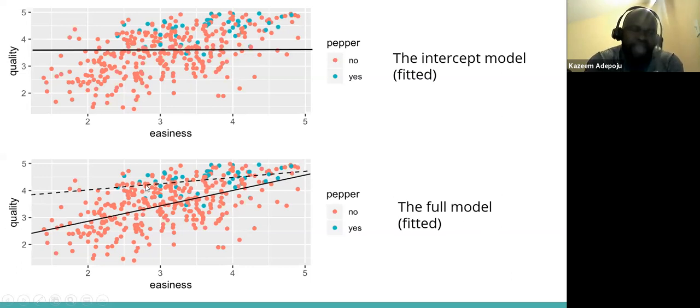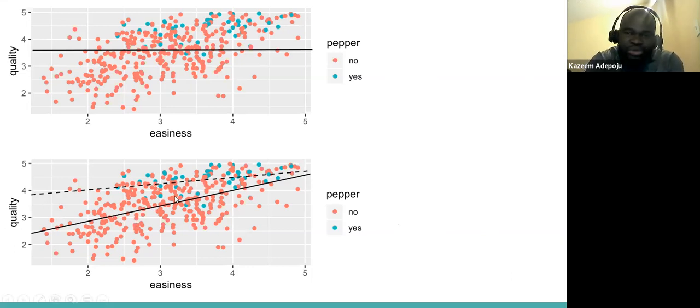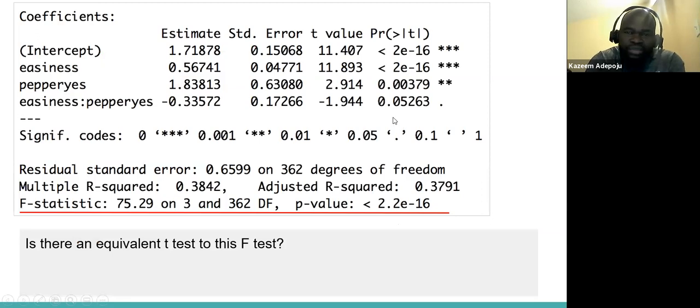Now, why do we have two lines? We have two lines because we are working with two predictors. And do you know one of the reasons why the interaction is not significant? I'm going to tell you right now. Look at that. The interaction is not that significant, right?